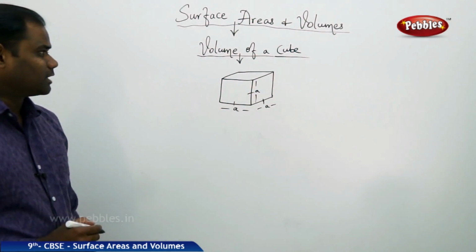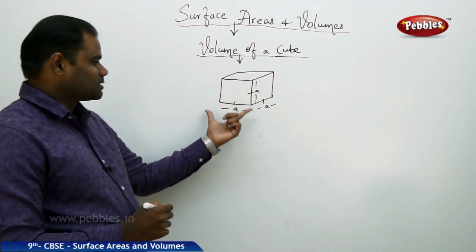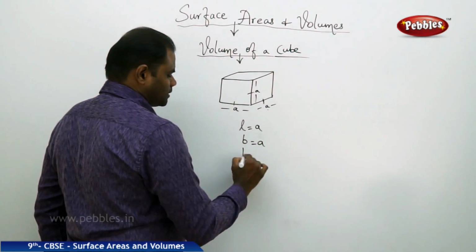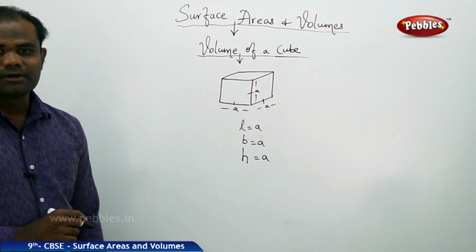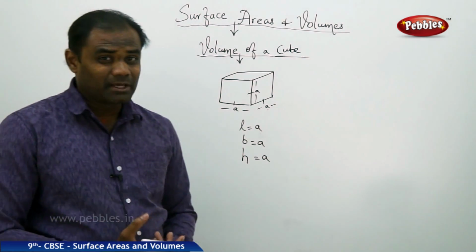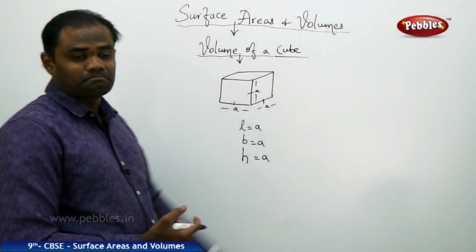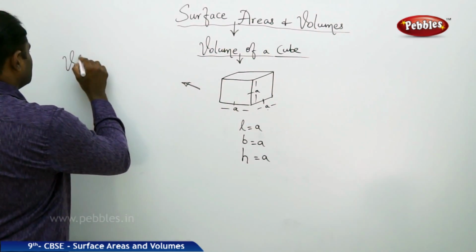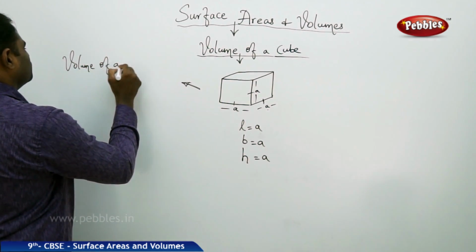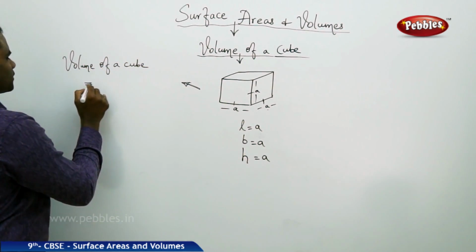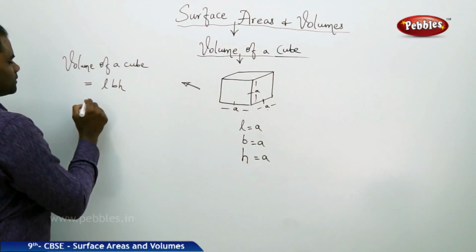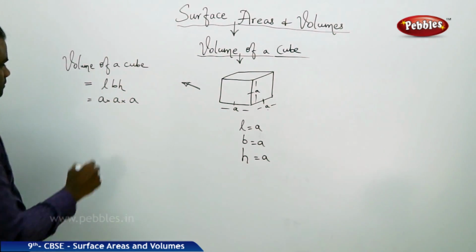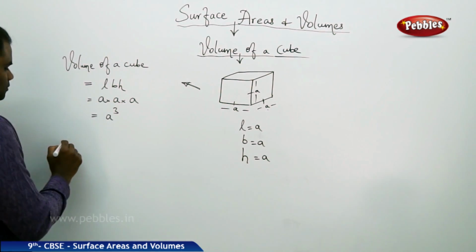That means if this is a cube, then its length is A, width is A, and my height also is A. Therefore, my volume of a cube is LBH, A times A times A. So I get the formula: volume of a cube, as a special case of a cuboid, is LBH, but my L is A, width is A, and height is A, which gives me A cube.